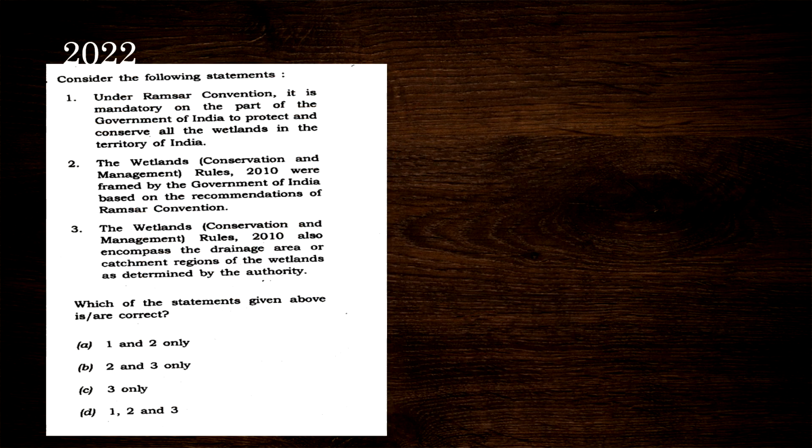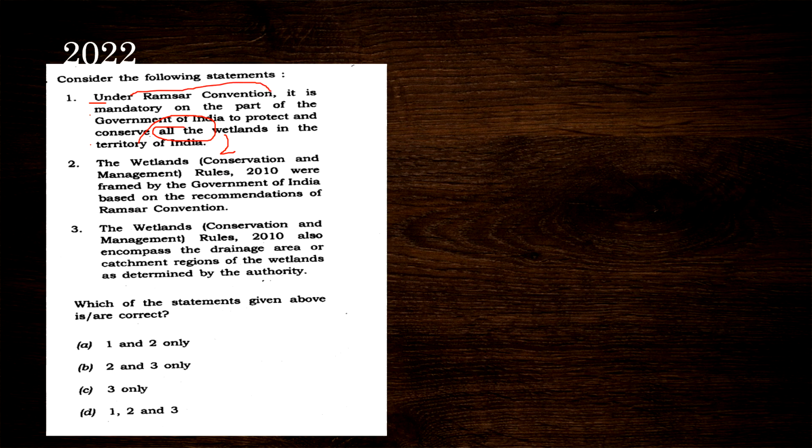Next, this again came in 2022. Consider the following statements under the Ramsar Convention. It is mandatory on the part of the Government of India to protect and conserve all the wetlands in the territory of India. From the word "all" we can eliminate this, because there are around 2 lakh wetlands in India, but under the Ramsar Convention, so far in 2025, there are some 94 wetlands.